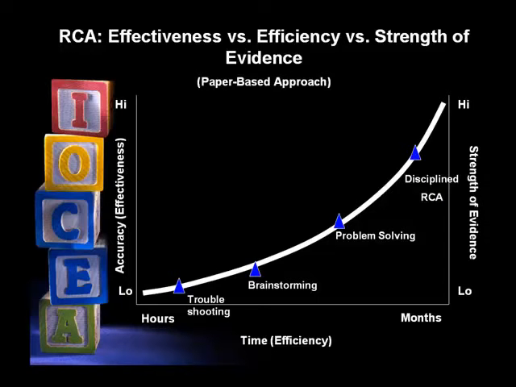So why is troubleshooting attractive to a lot of managements? Because it doesn't take a lot of time. We can get an answer, and I use that lightly, not necessarily the right answer, but we do it quickly and then we appease certain people.